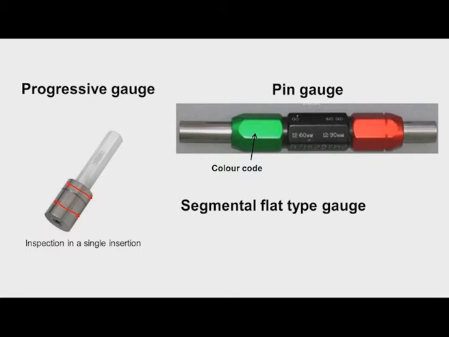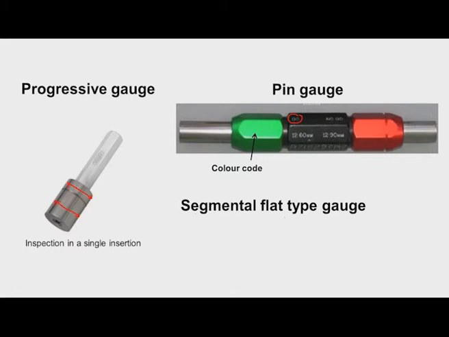Go side is also marked here, and the color indicates that this is go, and then we have red color here which indicates that this portion is no go. The exact sizes are also mentioned here. This diameter is 12.80 millimeter and this diameter is 12.9 millimeter.